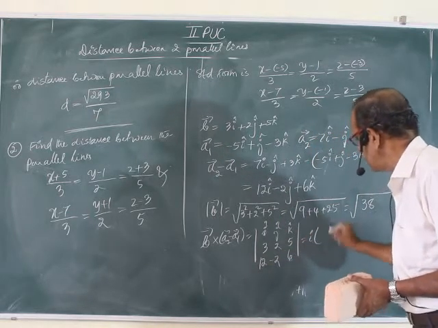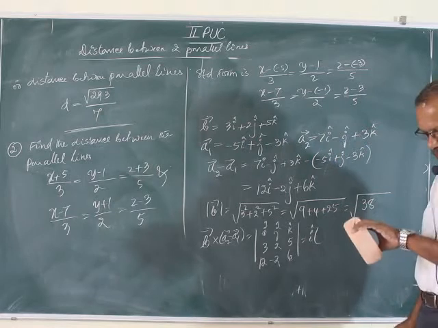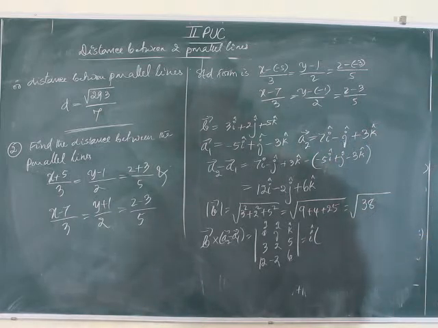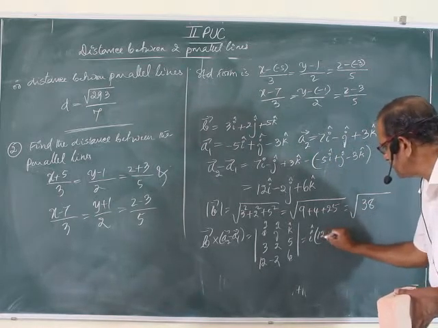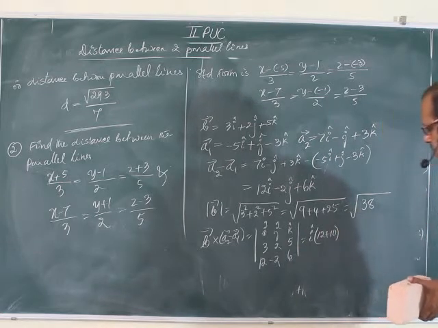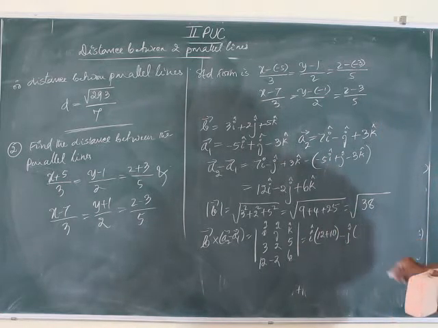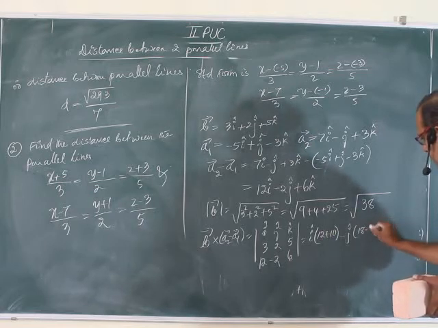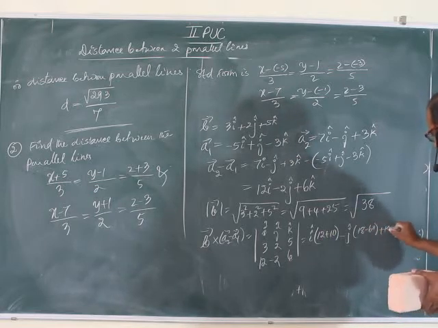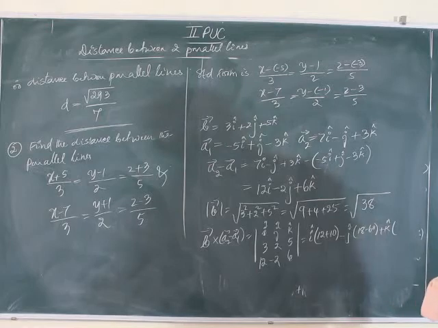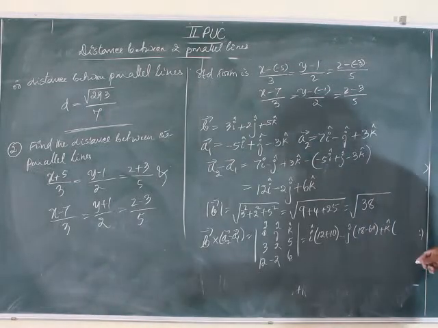Or it is i into 12 plus 10, minus j into 18 minus 60, plus k into minus 6 minus 24.